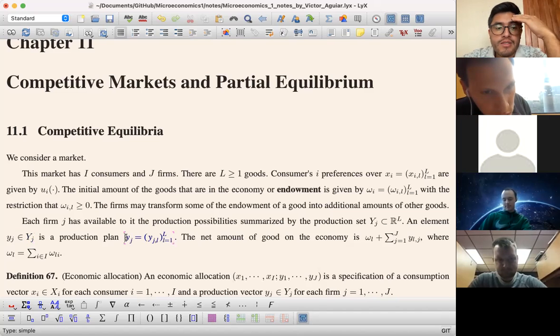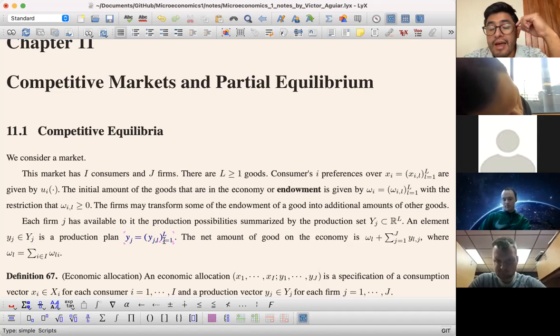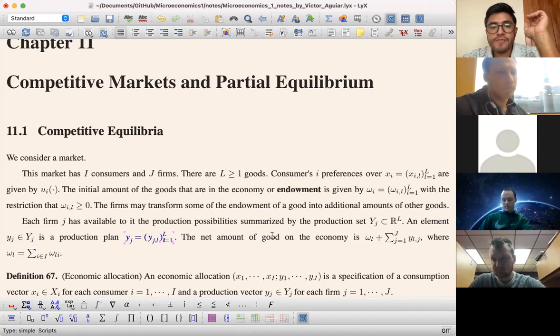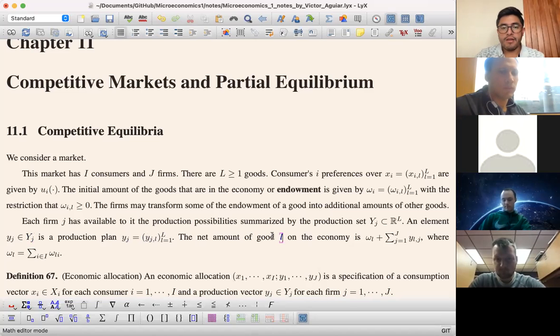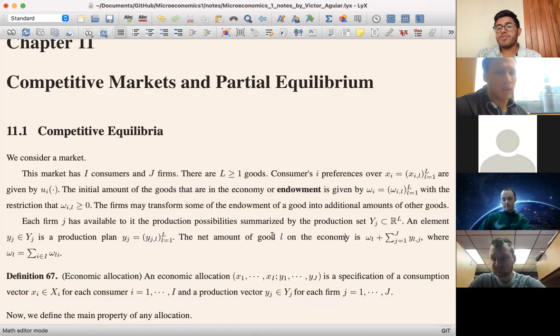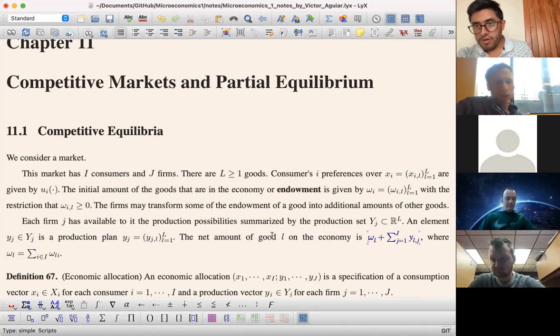And then the production plan is again a vector of L goods, okay? And it is indexed by the firm. So the net amount of any good l in the economy, in fact, is the summation of the endowment of the good plus all the production and the use of inputs in this economy.